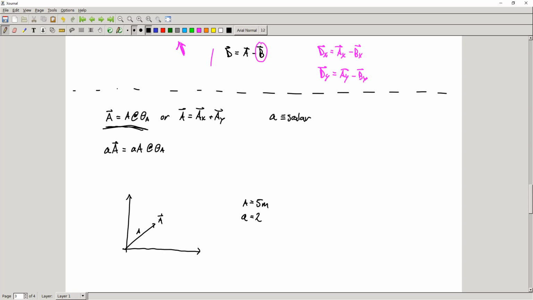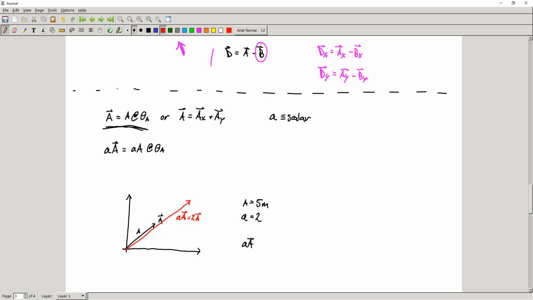It's just 2, let's say, right? So then the vector made by a multiplying uppercase A, maybe that was a poor choice of letters because it's making it more confusing, but you can imagine that this would be aA, which is just 2A, right? It's just multiplying the magnitude of the vector in that direction.